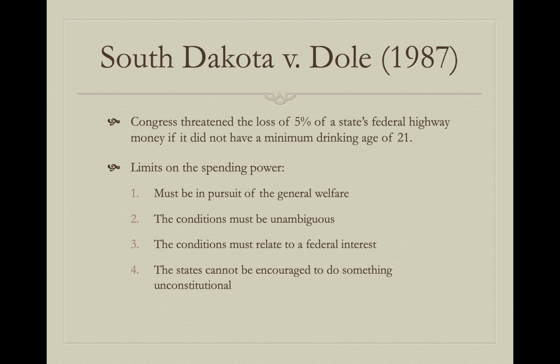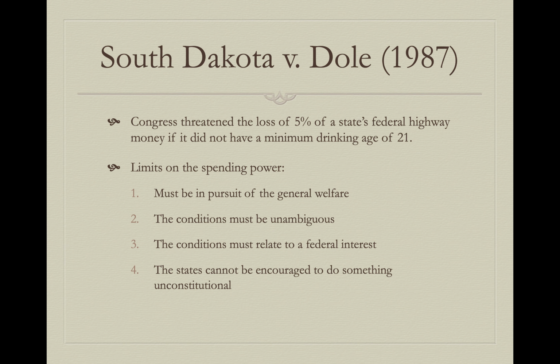again, just to emphasize the non-regulatory nature, and here, go back and look at the chart. So spending was one of the ways that the New York case explained Congress could do something other than by commandeering a state legislature. So we know from a case like New York that Congress cannot force South Dakota's legislature to pass a statute saying the minimum drinking age is 21.